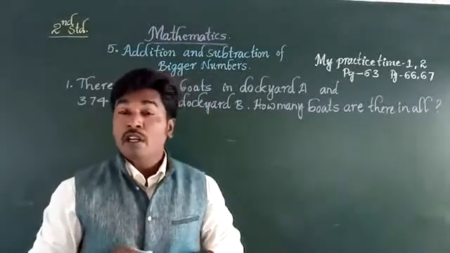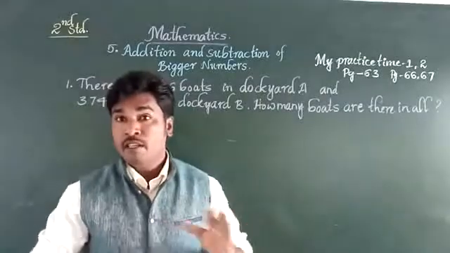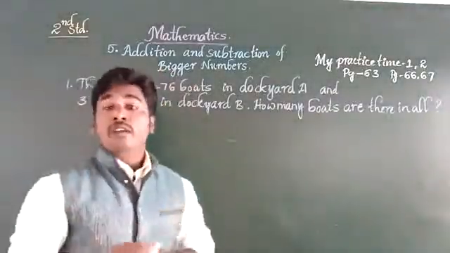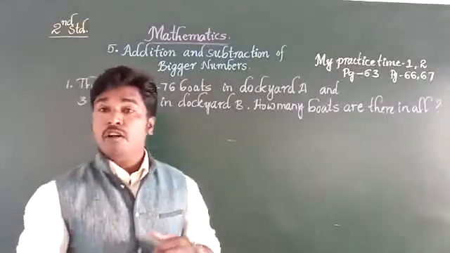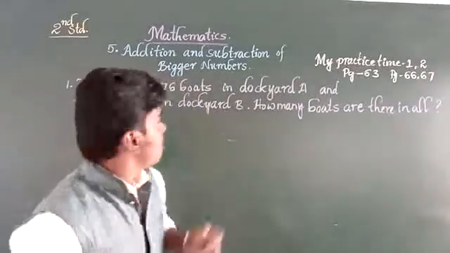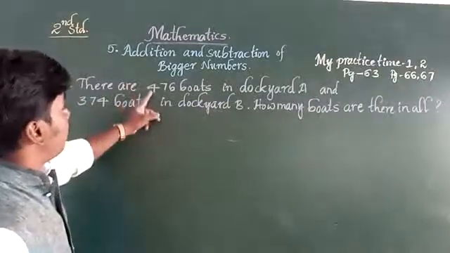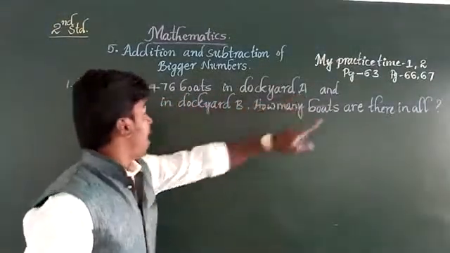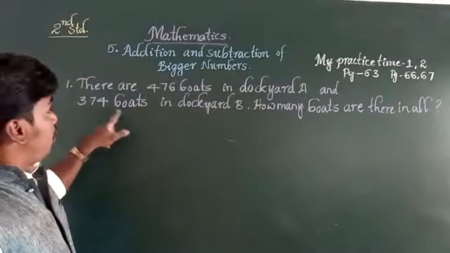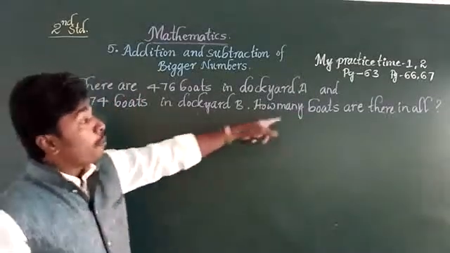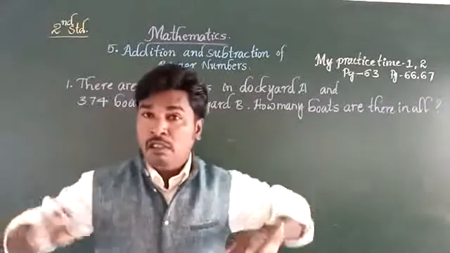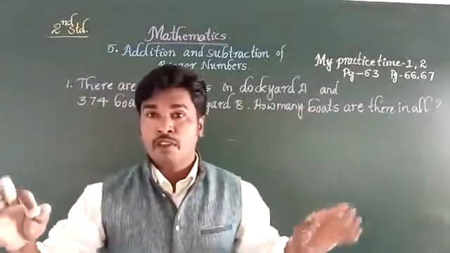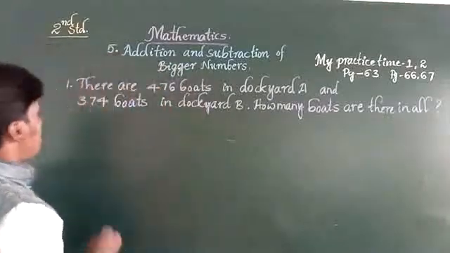In a bus stand, the bus will go on, it will take some rest or it changes the passengers. Similarly, there are 476 boats in duckyard A and 374 boats in duckyard B. How many boats are there in all? In all is nothing but the total number of boats. So it is understood, it is addition.